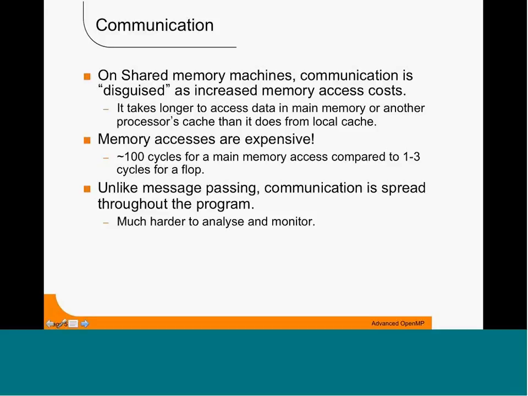With message passing, the communication is spread throughout the program, because this thread is accessing the variable X, this one is accessing the variable X, and that thread is accessing the variable X. So you see all threads are accessing the same variable, right? You don't know because it's implicit.